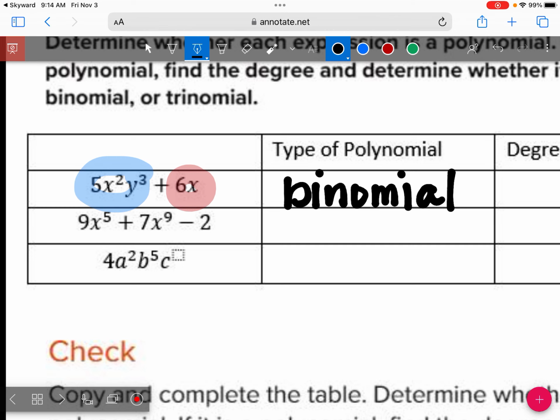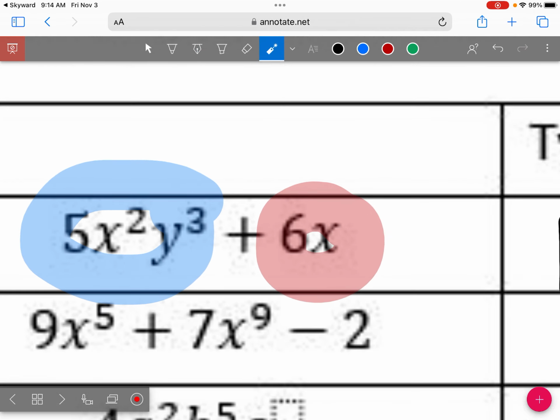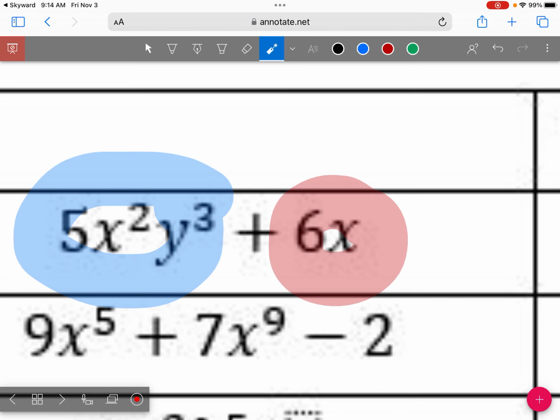So let's find the degree of this first term. The degree of the term that I have highlighted in blue, you're going to add your exponents. Let me zoom in really close. So I'm adding my exponents. Do you see how this has a 2 and that's a 3? What is 2 plus 3? So this term has a degree of 5.